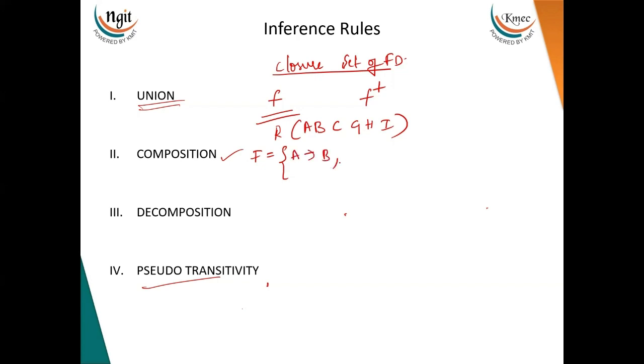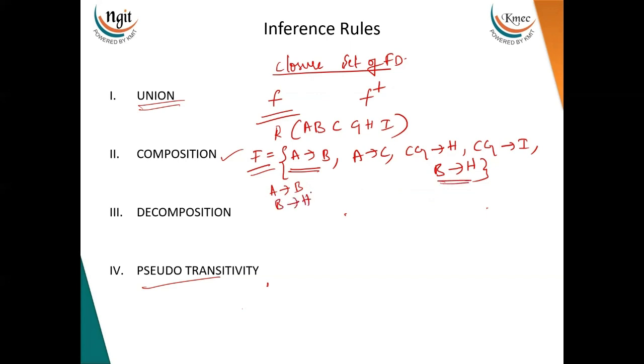Let me write down A tends to B, A tends to C, CG tends to H, CG tends to I, B tends to H. Now I'm considering A tends to B. Here the value of B is identified by A. And also we have B tends to H. Now, with the help of the transitivity rule, what can I write here? We can frame a new functional dependency, that is A tends to H. A tends to B, B tends to H, then A tends to H, which is the transitivity rule.